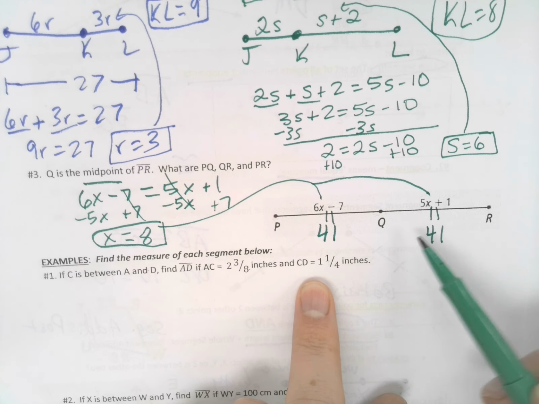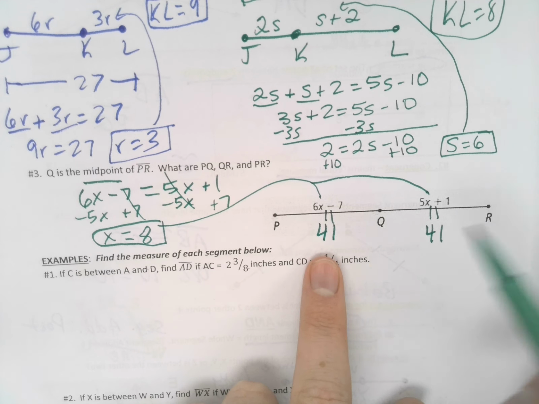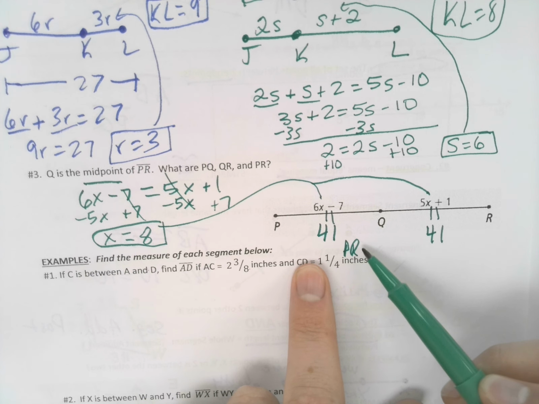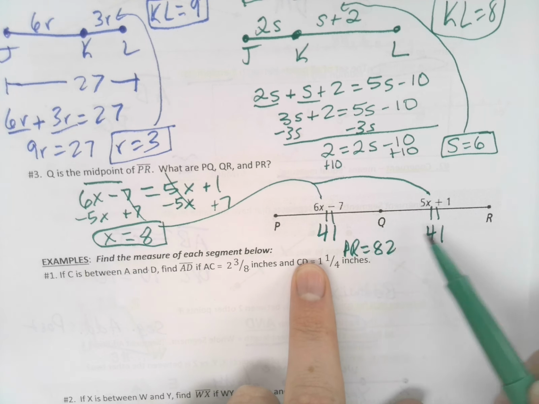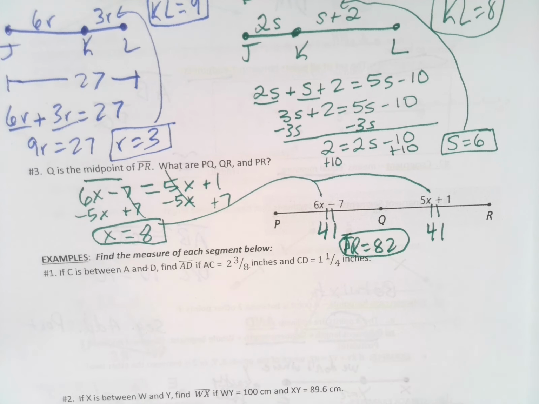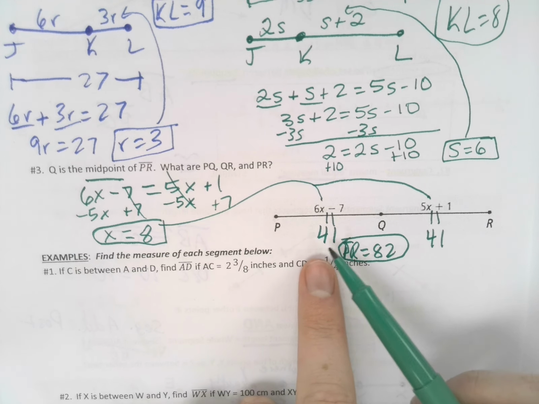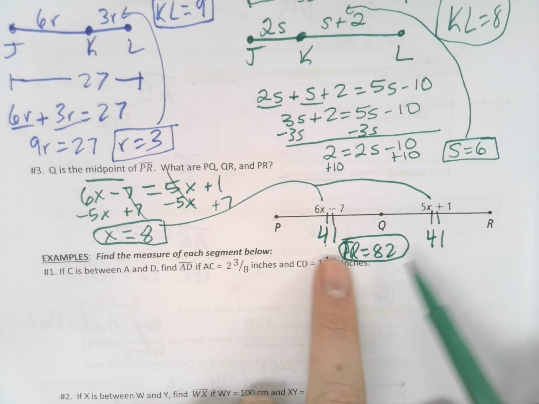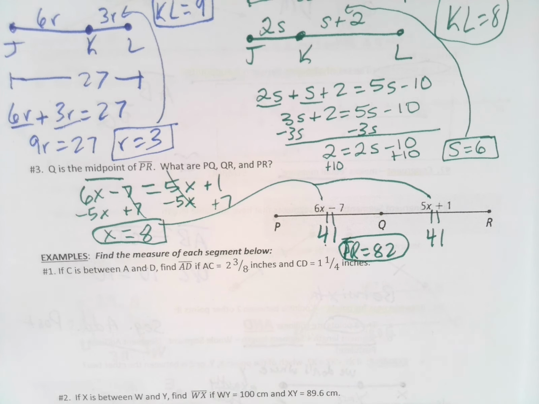And of course, 41. And so PR, we double those. PR is going to be 82. So if that's half and that's half, you double them up, the whole is 82.